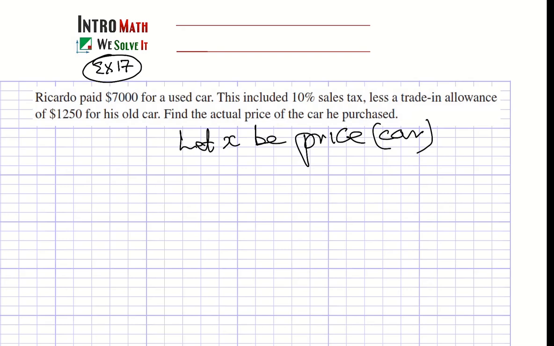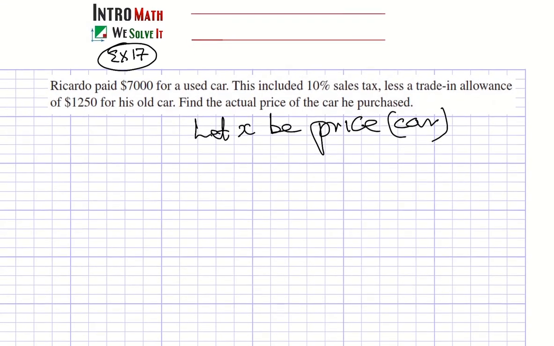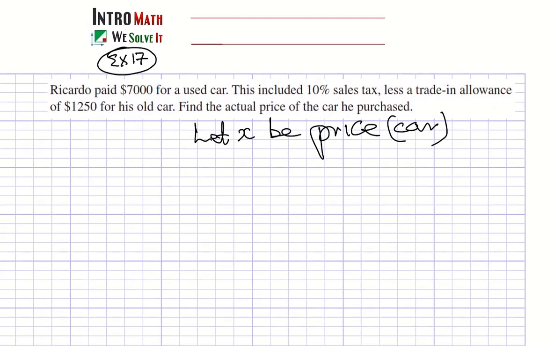Because you see what happened, they have to add taxes and then subtract what you traded in. Remember when you're paying for the price of the product plus taxes. They take the price of the product and then add the taxes on it, what they call sales tax.